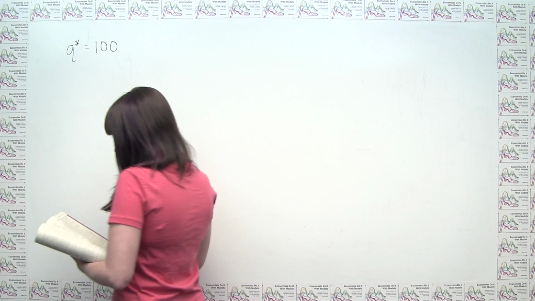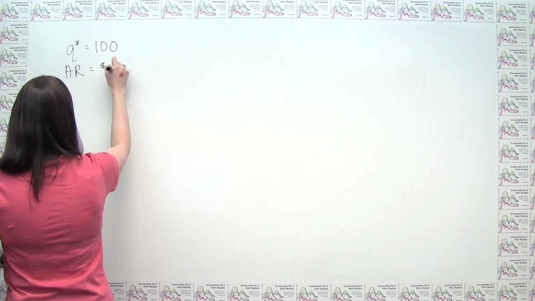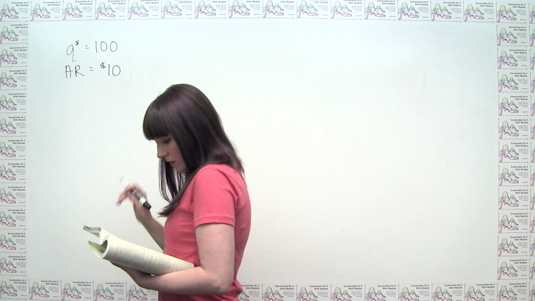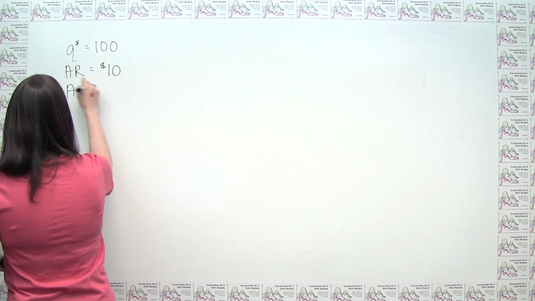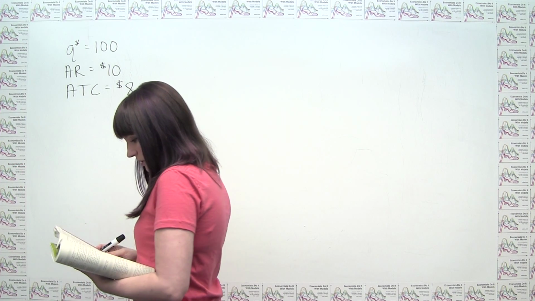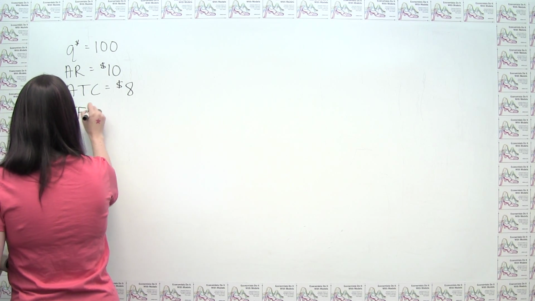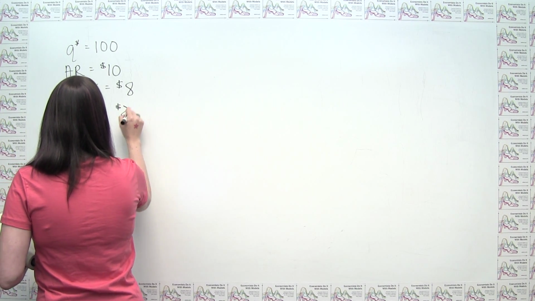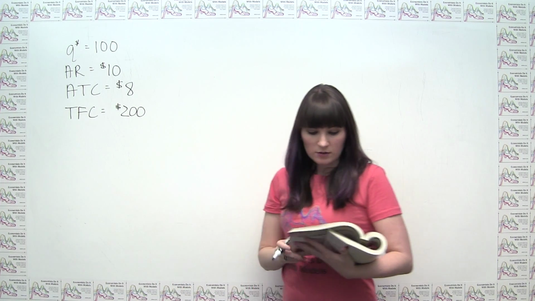They have average revenue of $10, so AR equals $10. Average total cost of $8, so ATC equals $8. And fixed cost, or total fixed cost, of $200. So that's all we know so far.